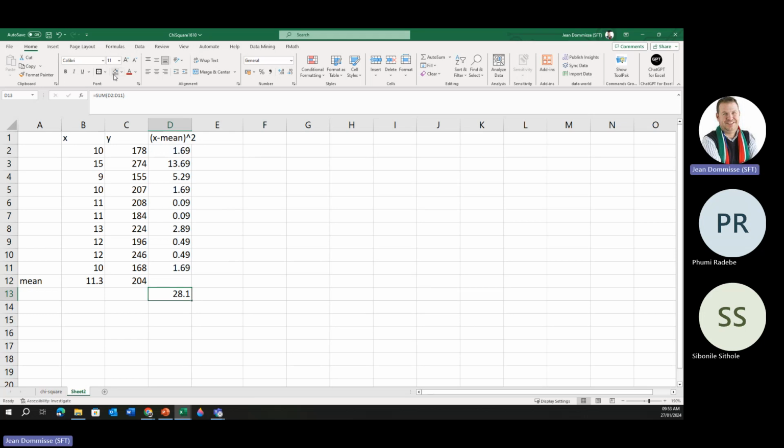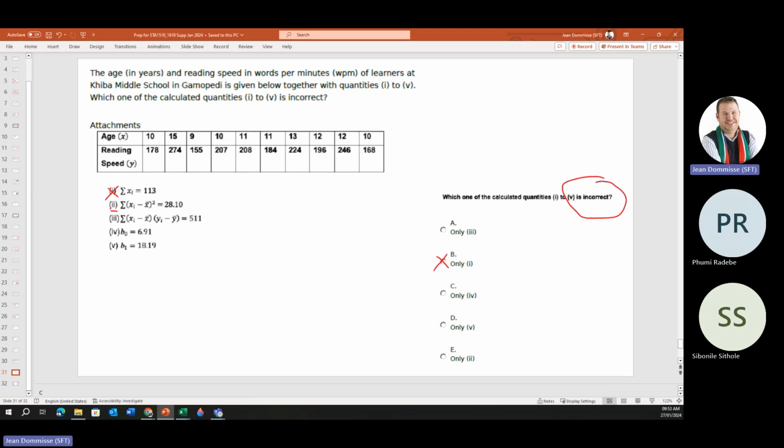Okay, so that's option 2, 28.1, correct. So I think that was probably a typing error.